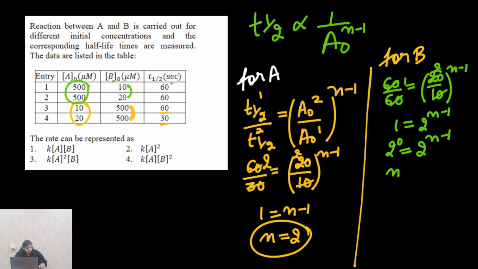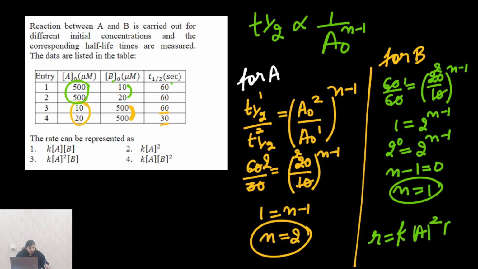So equating the powers, n minus 1 is 0, which implies n value is 1, which means the order with respect to B is 1 and with respect to A it is 2. That means the overall rate expression is equal to K into A square and B. So this is going to be the final rate expression, K into A squared into B, which implies option third becomes the correct answer.